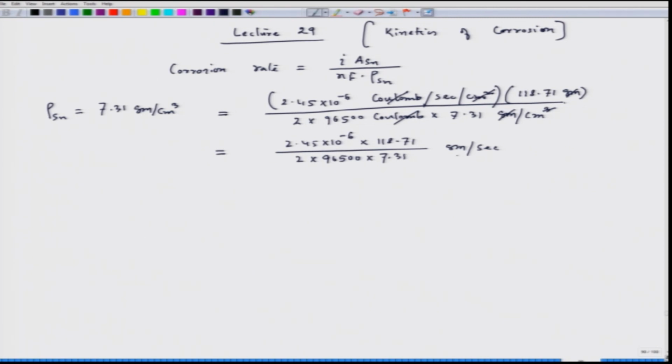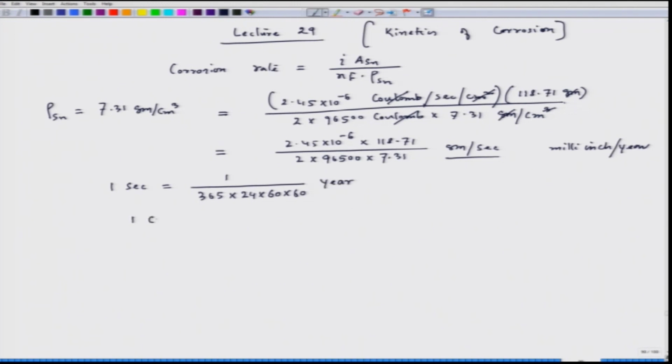Now, we have to convert this gram per second into milli-inch per year. So, 1 second equal to 1 divided by 365, because a year consists of 365 days, each day consists of 24 hours, and then 60 minutes, and each minute 60 seconds. So, this much year.